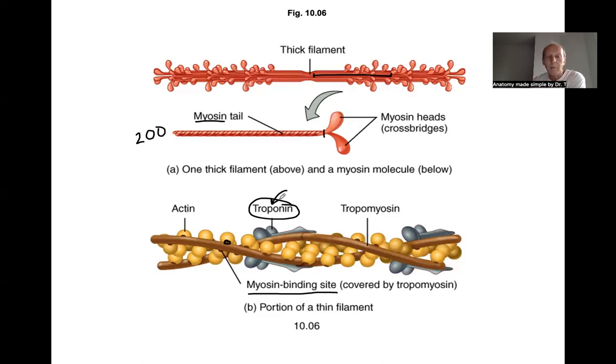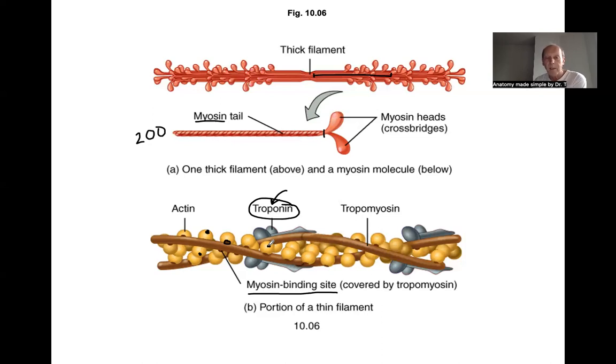And when we do that, it is going to allow myosin binding sites to be uncovered, to start showing in this position, or in this position, or in this position, so that they become visible and accessible.